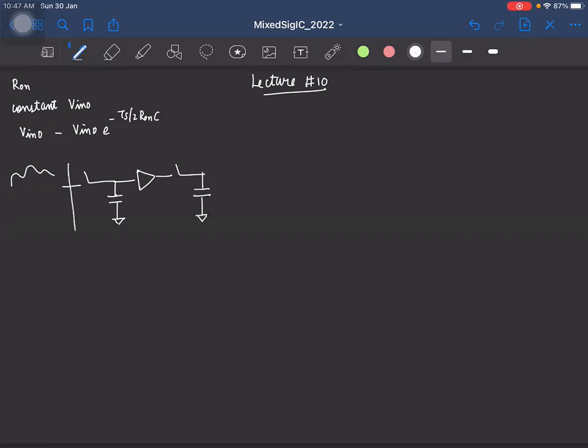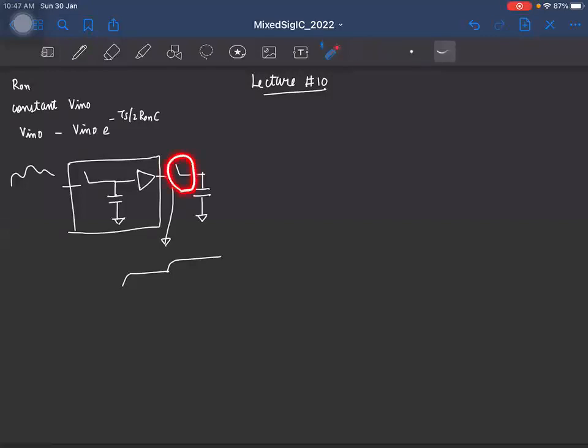Okay, so if I call this my first stage, you can clearly see that the output of this first stage is some kind of a sampled and held waveform, right? So it will be something like this, right? And in this case, the input seen by this switch is a constant input of this form.